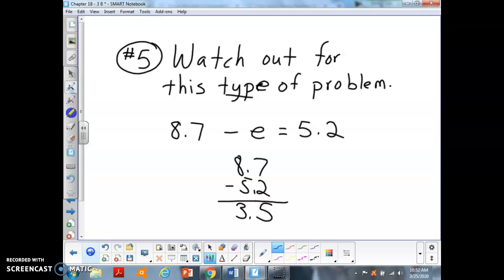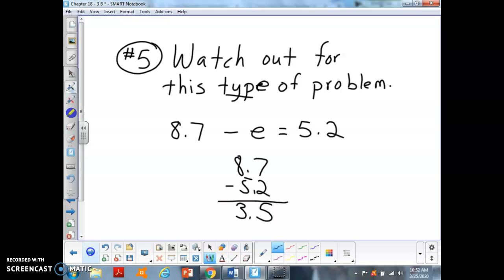There's a longer step, which I would show you if you were in school. But if you can remember to go back and watch this video for any variable that's in the middle with a subtraction, the commutative property doesn't work with subtraction. 3 minus 2 is not the same as 2 minus 3, if that makes sense. 3 minus 2 is 1. 2 minus 3 is a negative 1.